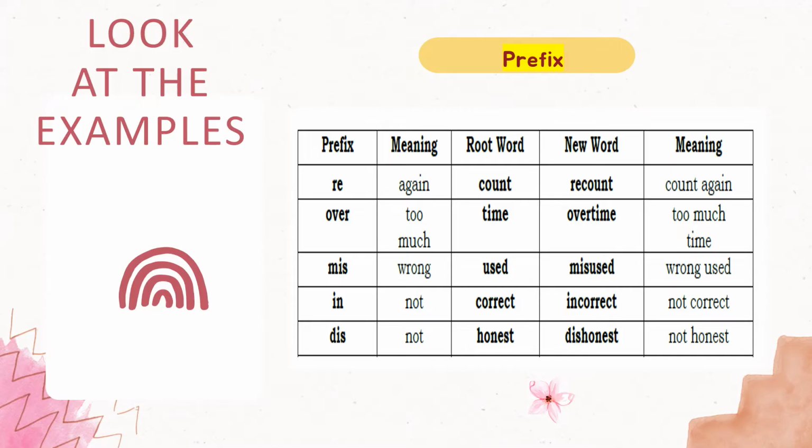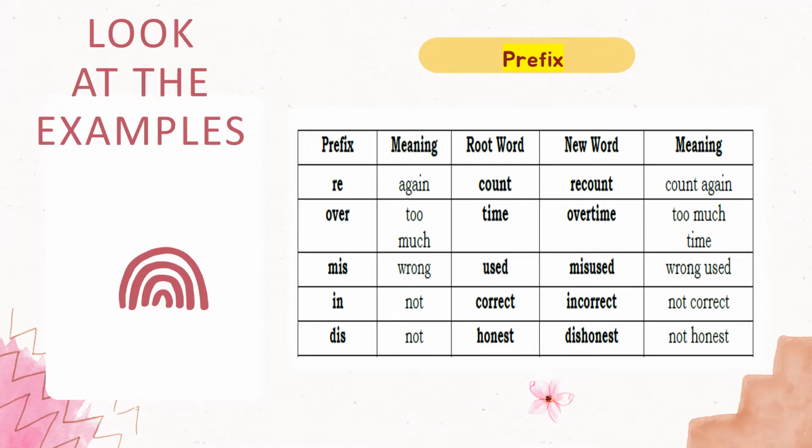If we add the prefix over to the root word time, we can form a new word which is overtime, which now means too much time. Another prefix is mis. Mis means wrong. If we add mis to the root word used, we will be forming misused. And the meaning of this new word is wrong used.